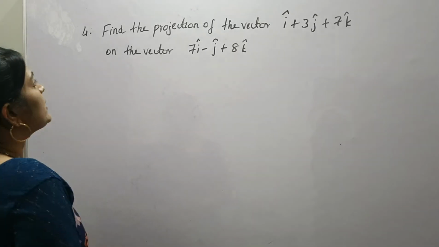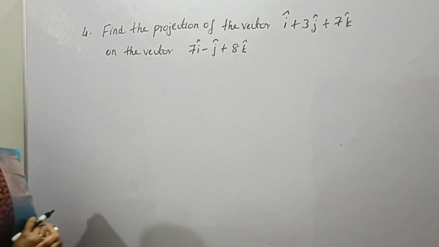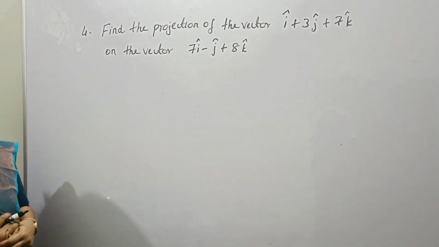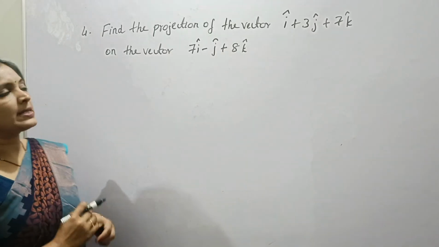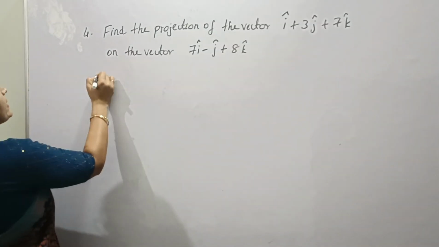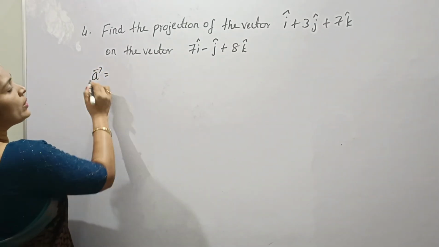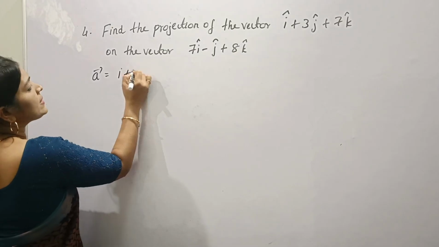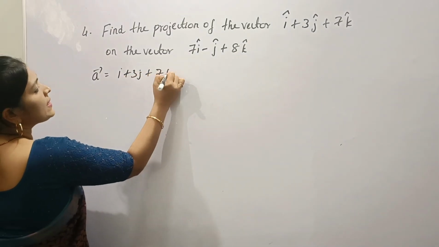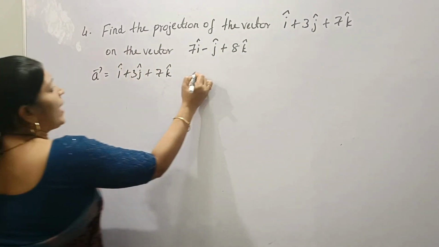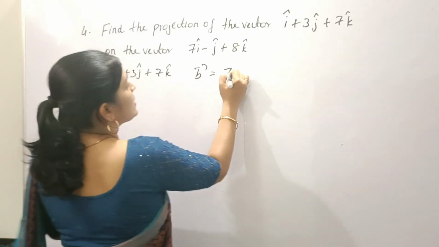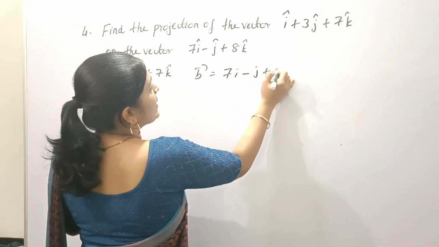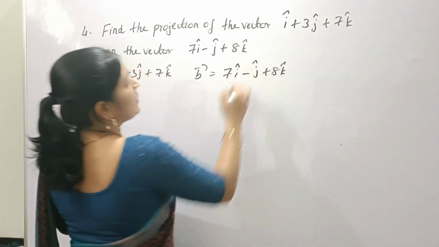Similar question. Find the projection of the vector i plus 3j plus 7k on the vector 7i minus j plus 8k. So here also let vector A be equal to i plus 3j plus 7k, and vector B be equal to 7i minus j plus 8k.